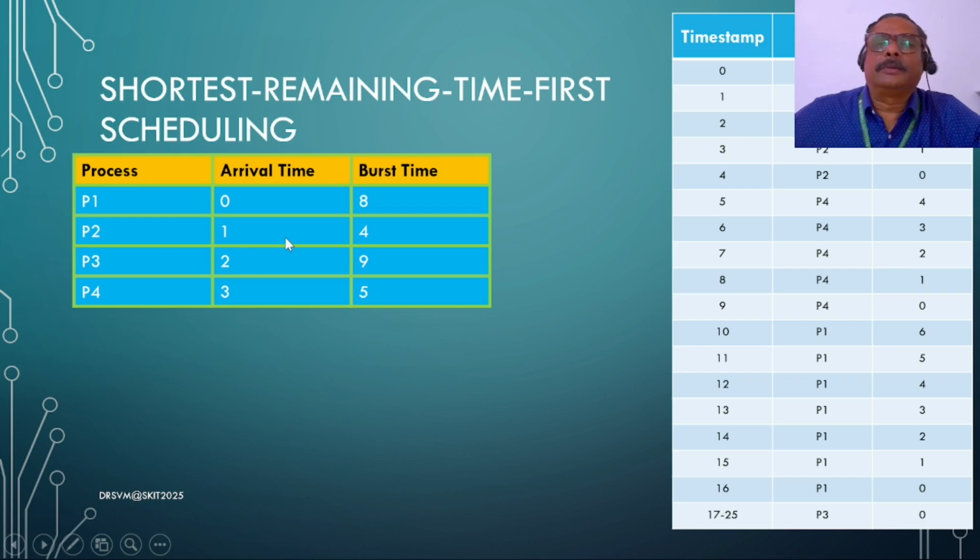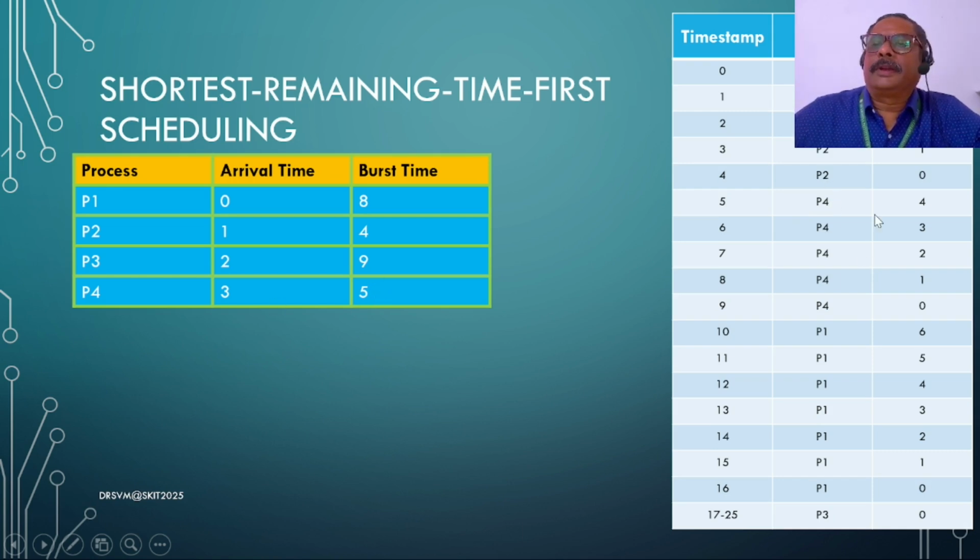After 1 slot P2 comes in, which requires 4 units of time, so P2 is given the chance because P1 needs 7 and P2 requires 3 more. 3 and 7, 3 is smaller, so P2 again. 2 and 7, P2 is smaller again. 1 and 7, P2 is smaller again.